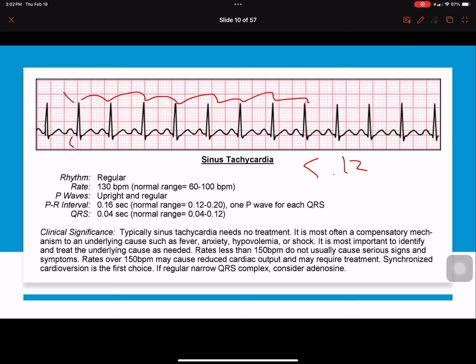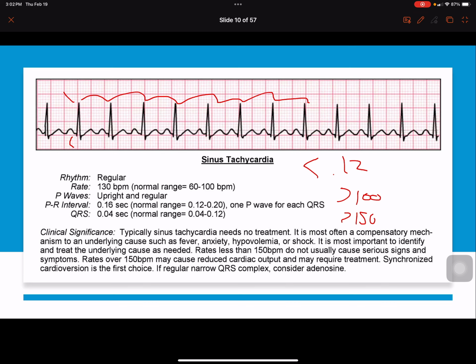So usually when we talk about rates with tachycardia, we're saying greater than 100, right? So our rate is greater than 100. But when we start to see rates greater than 150, this should be raising alarm bells that we are seeing potentially a non-compensatory tachycardia, or a tachycardia that's caused by a cardiogenic source, or a true dysrhythmia.